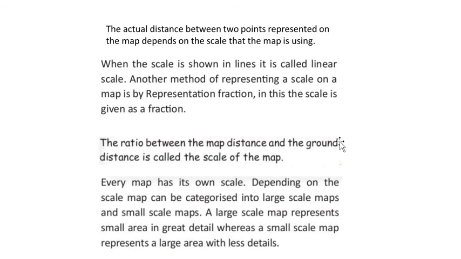So now let's move forward regarding scale and distance. You see, the actual distance between two points represented in the map depends on the scale that the map is using. When the scale is shown in lines, it is called a linear scale. Another method of representing a scale on the map is by a representative fraction.